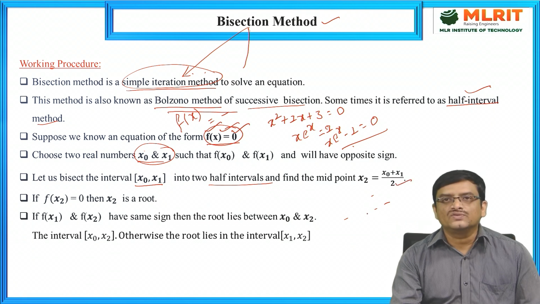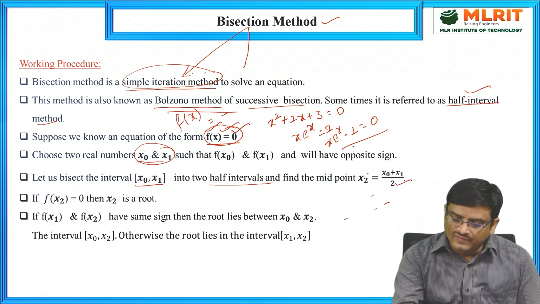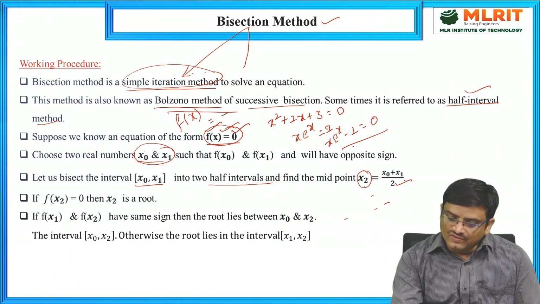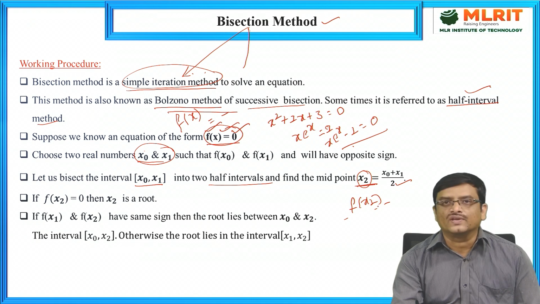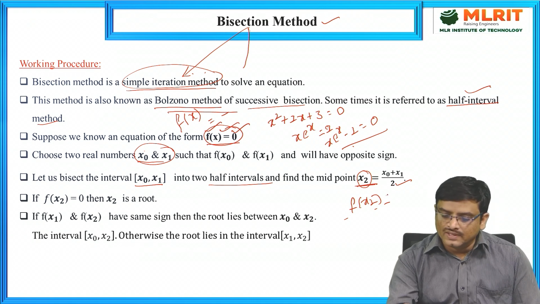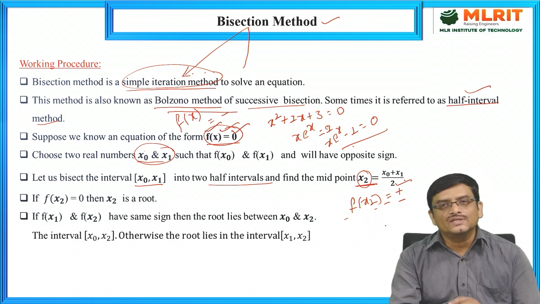By using this formula, we find the value of x2. After finding x2, once again we substitute this x2 value in the same function to get our f of x2 value. Then you check whether this function has a positive value or negative value. Based on this positive and negative, we are going to proceed.